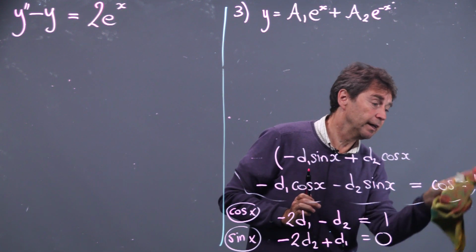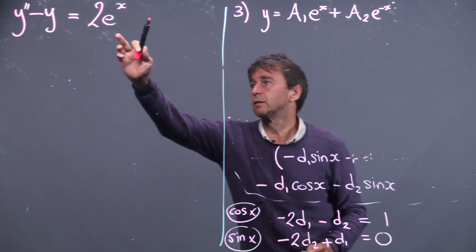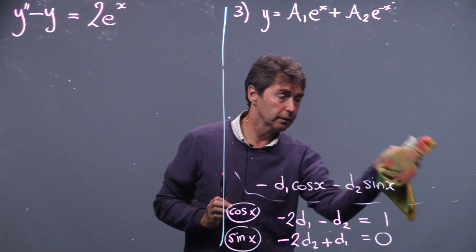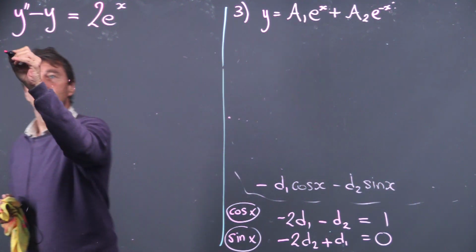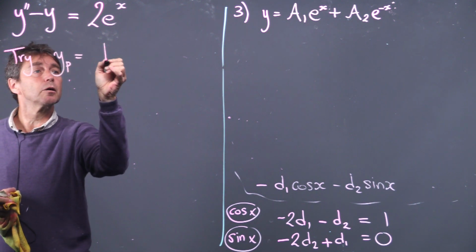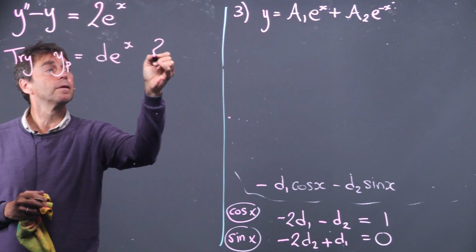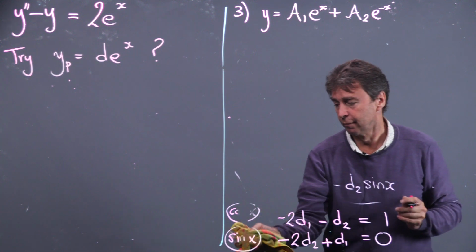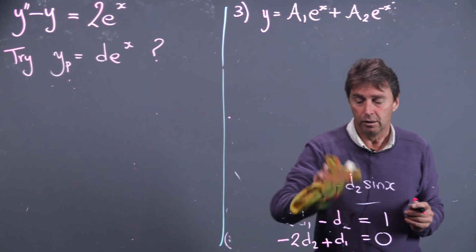Well, the educated guesswork that we've been using is to say, I look at what's on the right-hand side. If it's an exponential, I try an exponential. So you would be tempted to try, your particular solution is some parameter that I'm going to fix times that exponential. Why is that a bad thing to do? Well, it's precisely because that's a homogeneous solution.